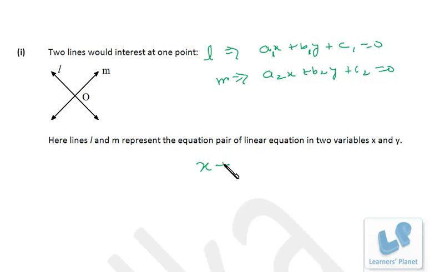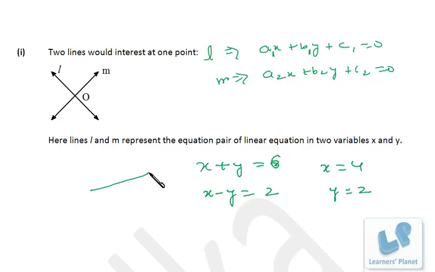Suppose I have x plus y is equal to 6 and x minus y is equal to 2, right? So in this case, x is equal to 4 and y is equal to 2. This is the point where both the lines are going to meet. That means they are going to meet at just one single point.